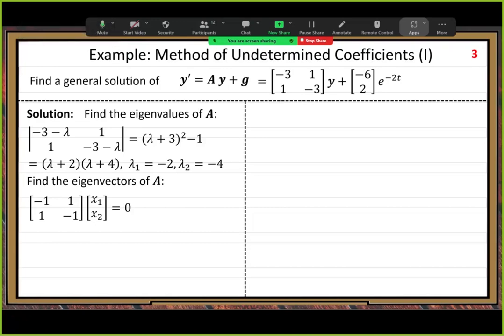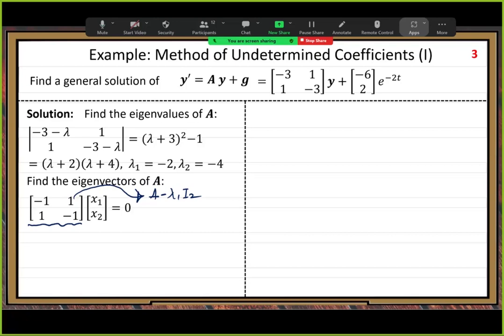How do you get this matrix? This matrix is basically capital A minus λ1 times the identity matrix.